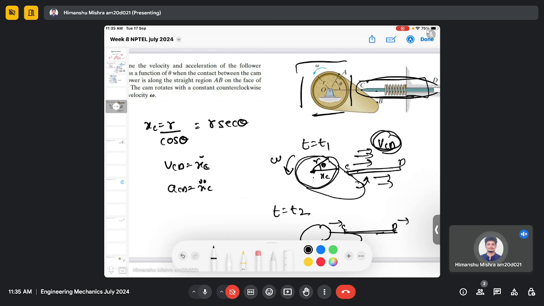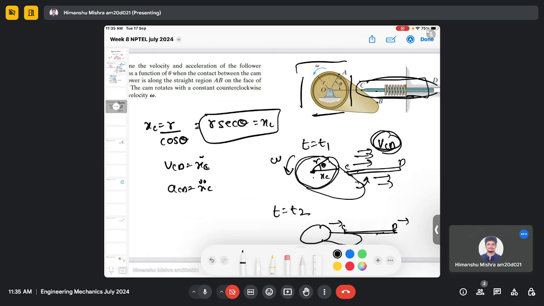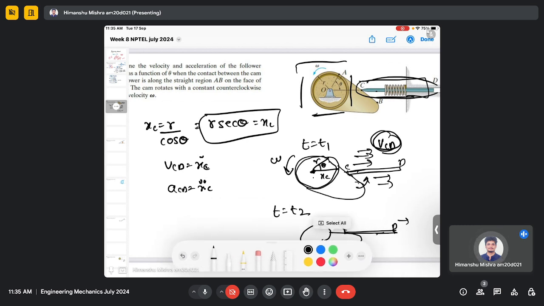So what we need to do, since this is my xc, is differentiate this equation in time, and then differentiate it again. The first time we will get the velocity x dot, and when we differentiate again, we will get x double dot, or the acceleration of bar CD.